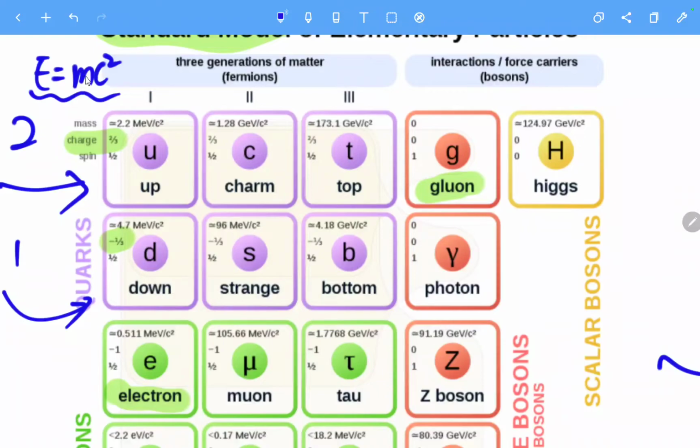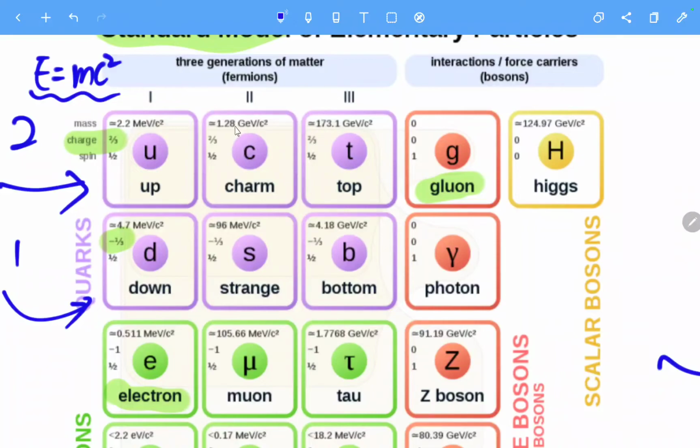So the mass is related to the energy stored in the mass, divided by the speed of light squared. For the first generation, the energy is 2.2 MeV and 4.7 MeV. For the second generation, it is 1.28 GeV, which is much larger. And for the third generation, it is even larger, 173 GeV, more than 100 times larger.